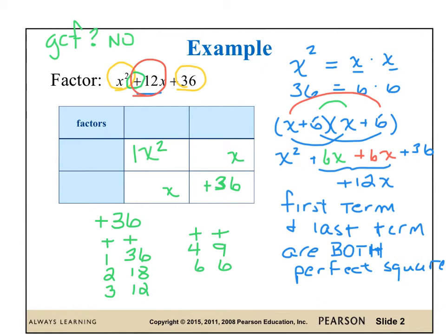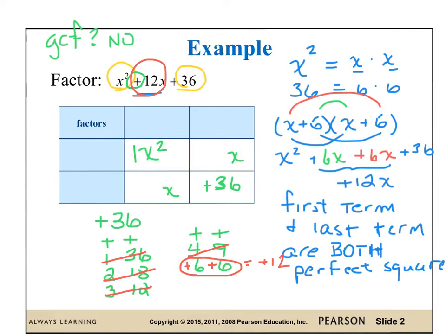Well, 1 plus 36 is 37. 2 plus 18 is 20. 3 plus 12 is 15. 4 plus 9 is 13, but 6 plus 6, both of them being positive, is positive 12.